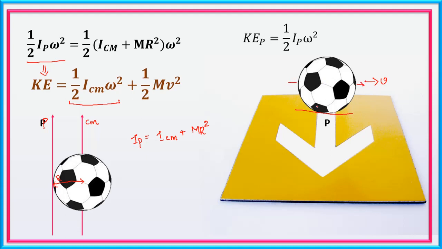The body is always rolling about a tangential axis. That's why we have to find the moment of inertia about a tangential axis which is coming out of the plane. Now, I can write the kinetic energy as half ICM, that is the moment of inertia about the center of mass, into omega square plus half m r square omega square.